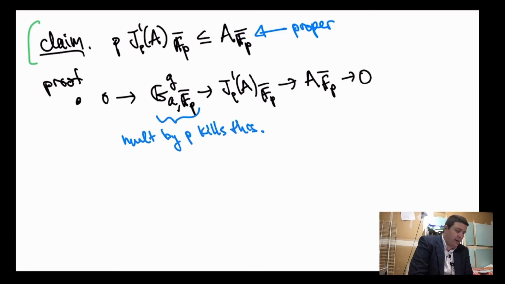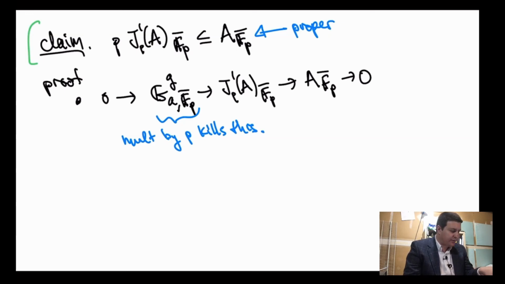So multiplication by p kills this part. So that means we get a quotient.